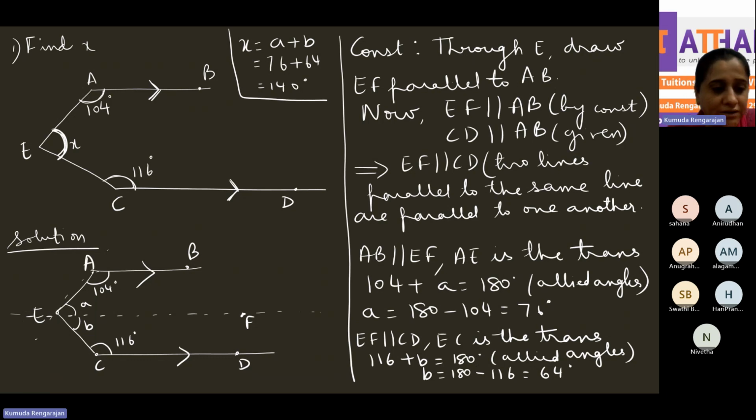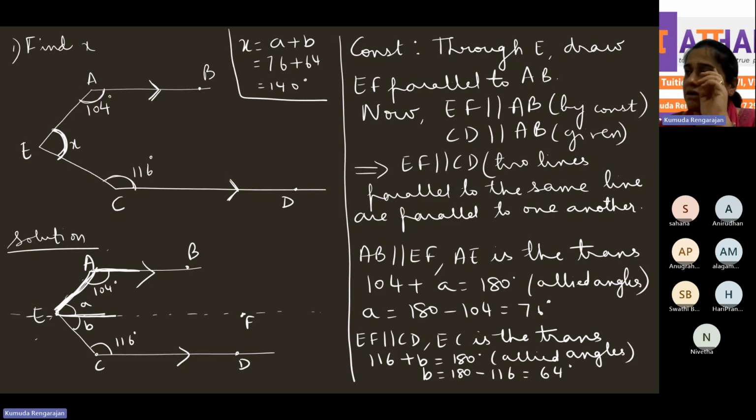See here, 104. This is the parallel line, this is the transversal, and the same transversal and the other parallel line. If you darken that also, you can make it out. Always mention the parallel lines and the transversal.